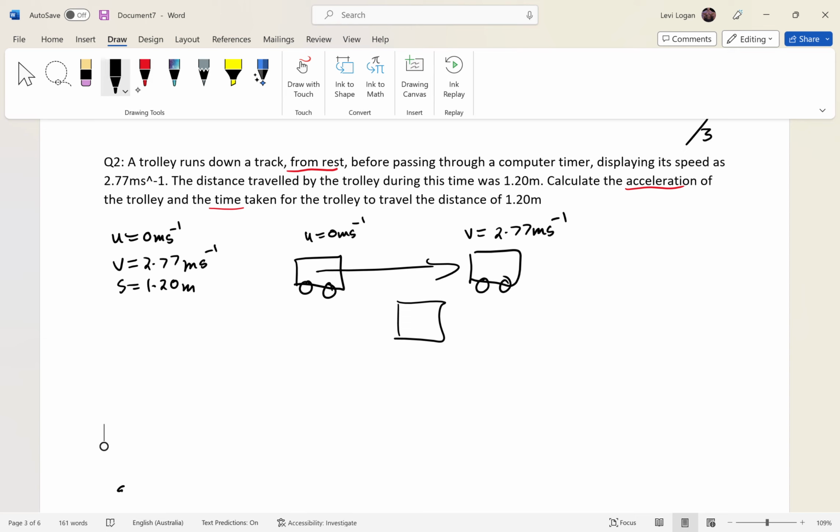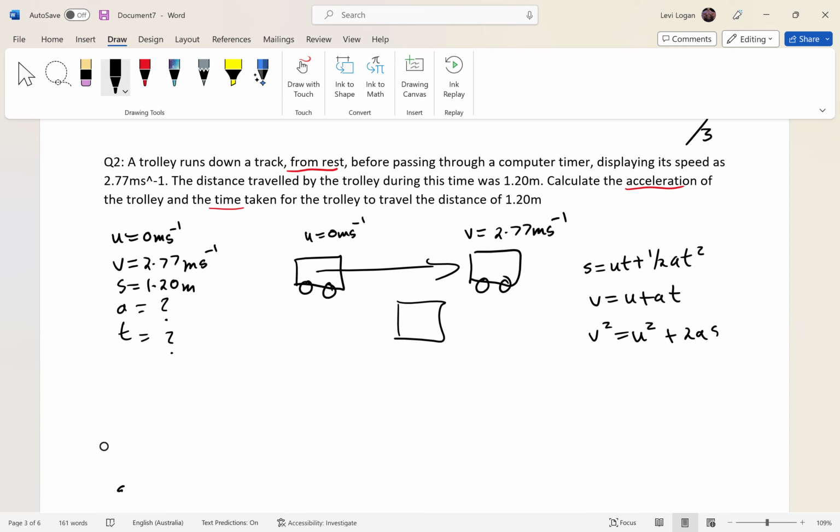So we're looking for both a and t. They're both unknown. Okay, so I'm just going to write out our equations. So we have s equals ut plus a half at squared, v equals u plus at, and v squared equals u squared plus 2as.